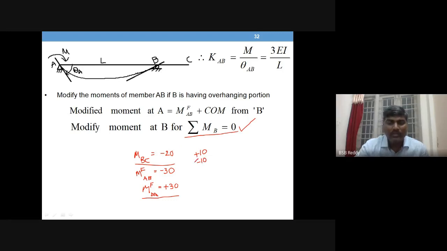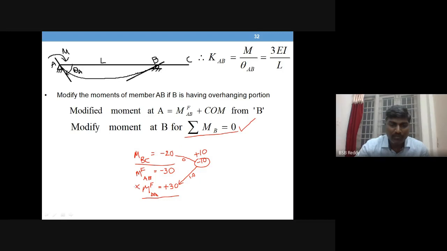Then I'll get 0. So cantilever moment is always fixed. What you shall do is this minus 10 shall be shared: 0 here and 1 as share of minus 10.